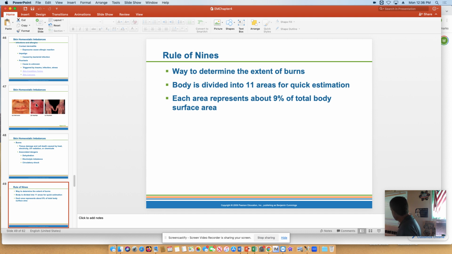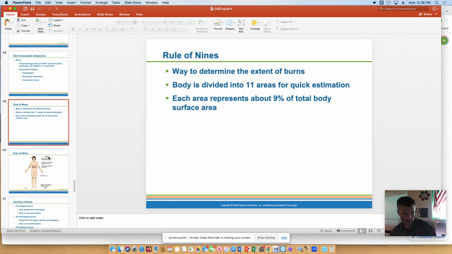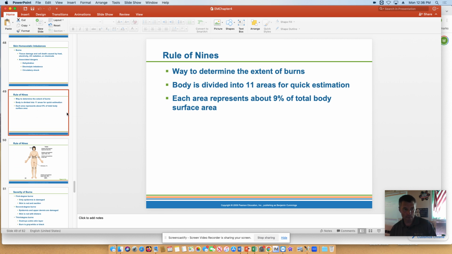The rule of nines. I've got a picture in there. It's also in your book. It's not something you're really going to have to do, but it's important to know how they assess how severe someone's burns are.